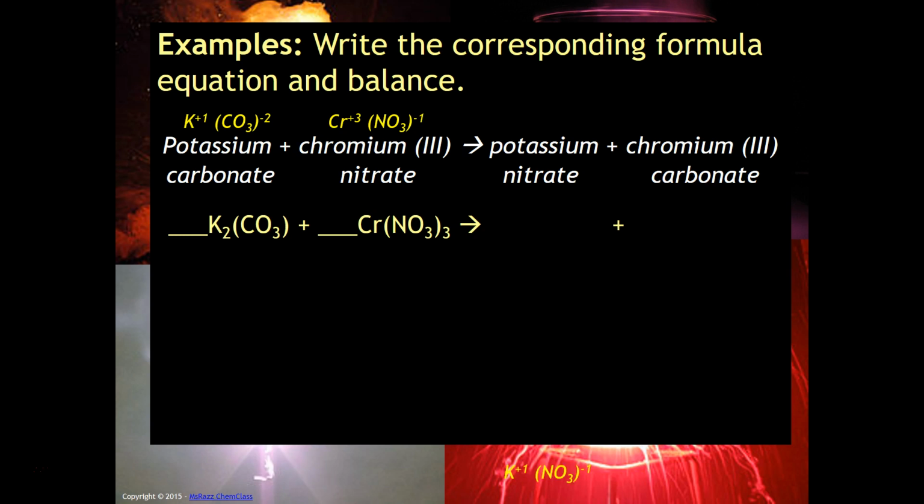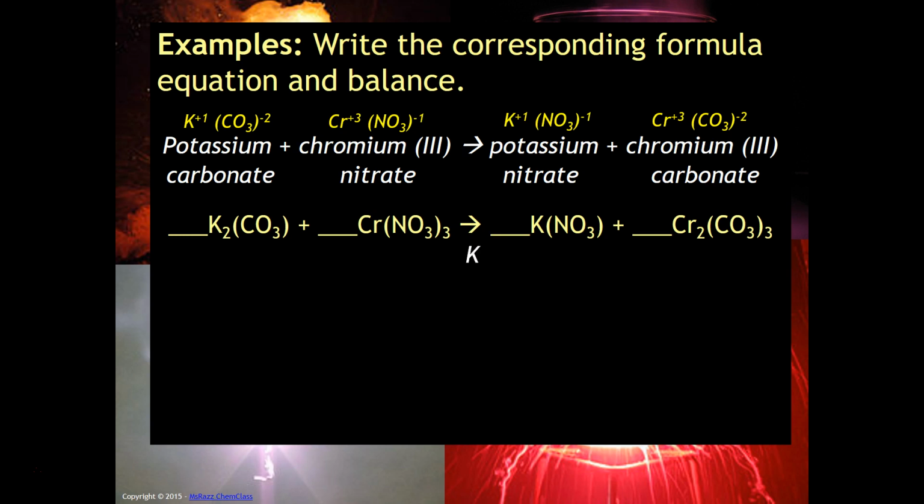Potassium nitrate is up next. It's, again, an ionic compound, so that's why I have the charges written. And then chromium(III) carbonate, again, there's that Roman numeral, so that is the charge on chromium, and it'll be Cr2(CO3)3. Next up, we have to balance the equation. So we're going to list out all the things that we have. We've got potassium. I am able to keep the CO3 together because I do have a matching CO3 on the other side.